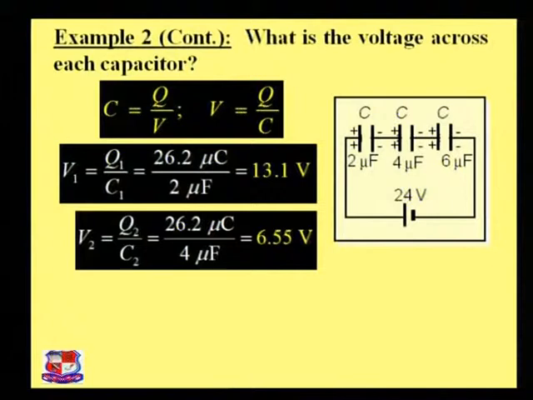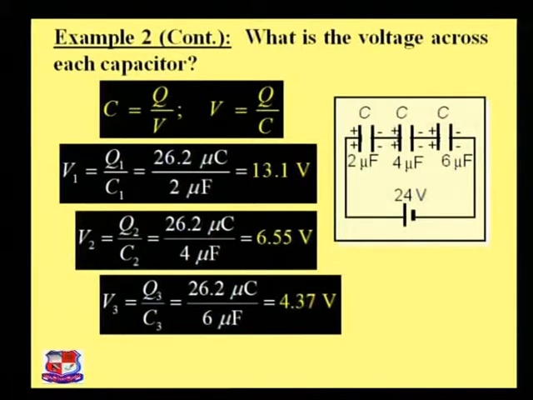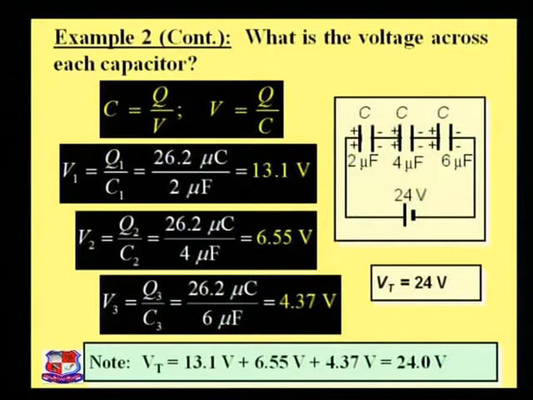For capacitor 2, Q2 by C2 gives 6.55 volts, and V3 equals Q3 by C3, that is 4.37 volts. Now friends, if you sum V1, V2 and V3, you get the value we already applied, 24 volts. See that 13.1, 6.55 and 4.37 add up to 24 volts.